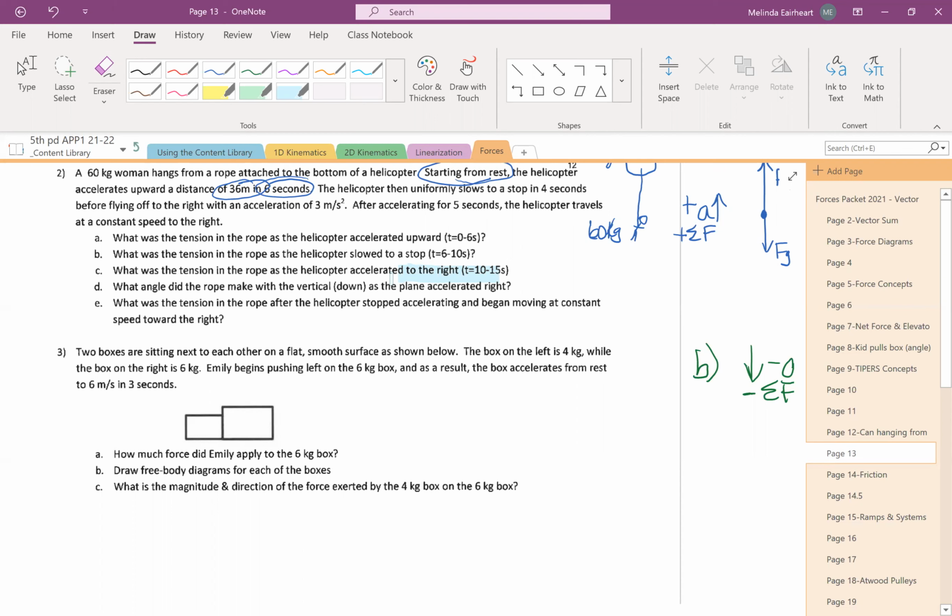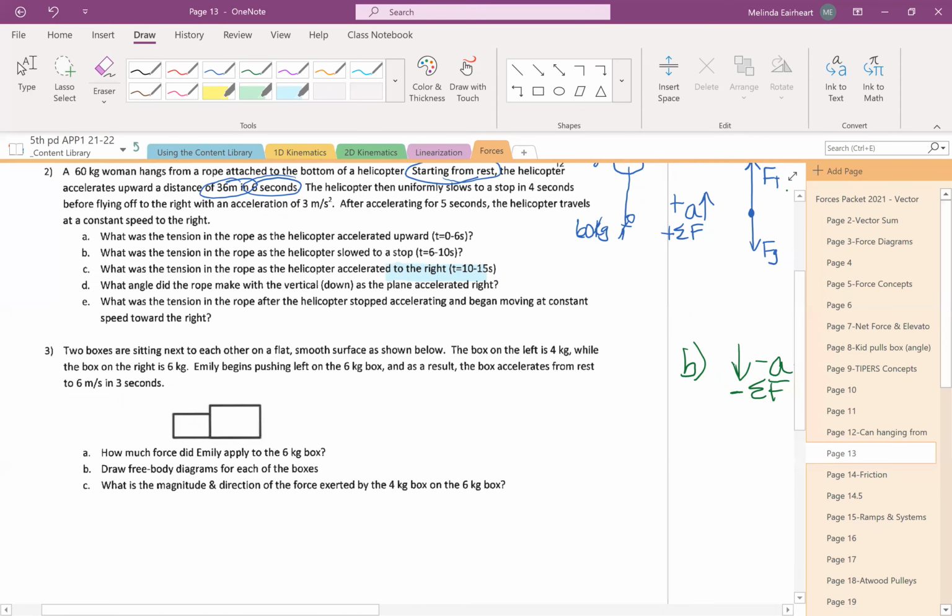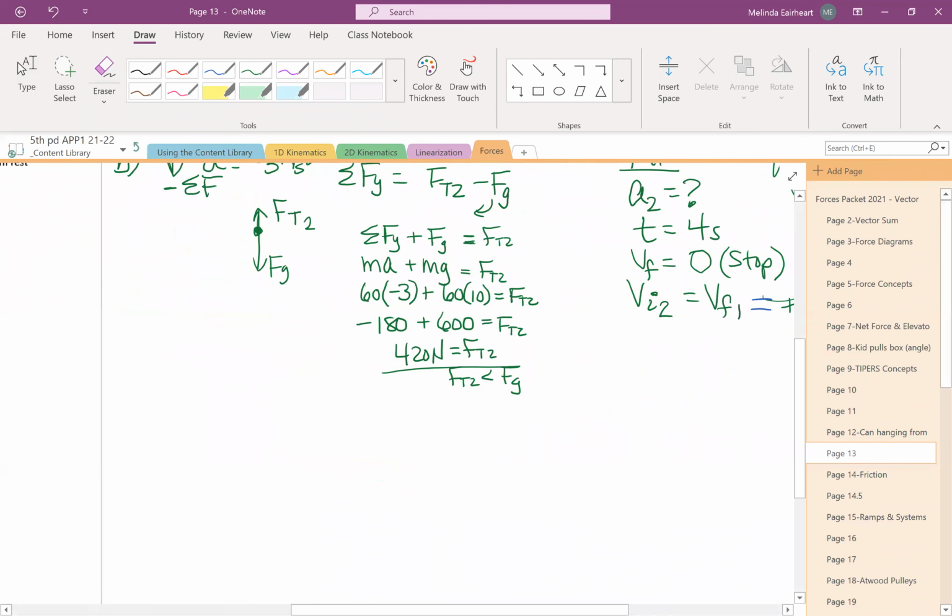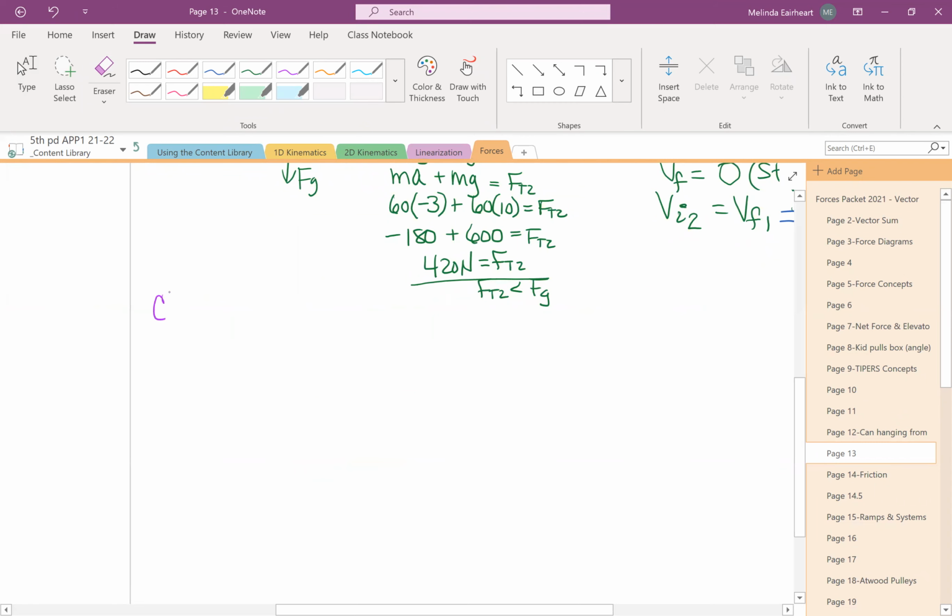Okay, so what is the tension in the rope as the helicopter accelerates to the right? And so our picture is going to look a little different. And so C is accelerating to the right. And so if the helicopter moves to the right, our lady dangling appears to be on what side?